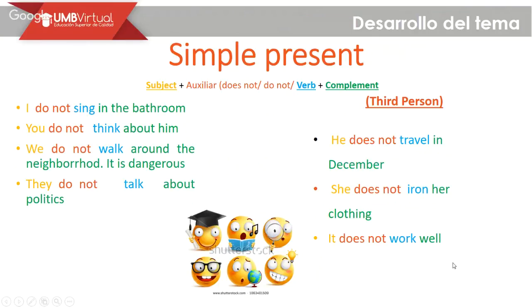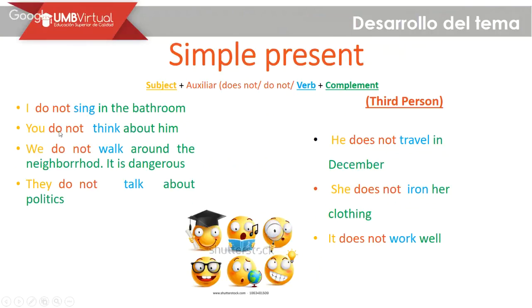En este caso, todas las oraciones que tenemos acá hacen referencia al uso de la tercera persona, a diferencia de esa parte donde tenemos el I, you, we, and they. Remember, when we are making those differences, it's important to be focused on the auxiliary we have to use. Recordemos que el auxiliar es muy importante para el uso de las oraciones negativas y de las preguntas.